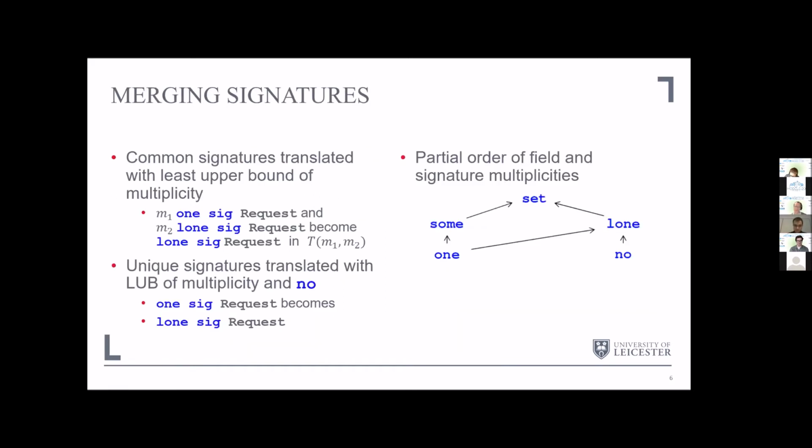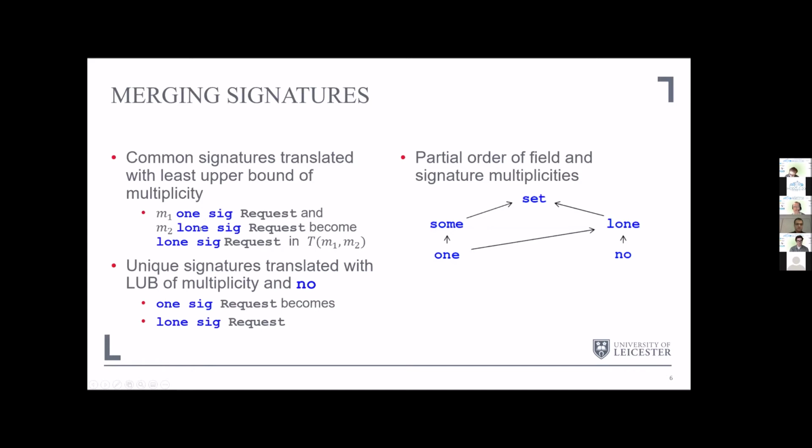We need to merge, of course, signatures that have the same name, so that are common to both models, but they might have different attributes or different multiplicities. So what we need to do to express the semantics of the signatures in either model is to find a least upper bound in the multiplicities, for example.